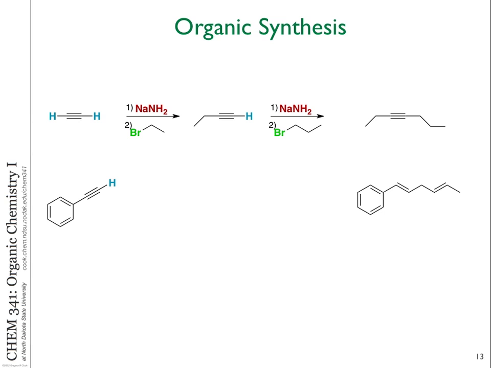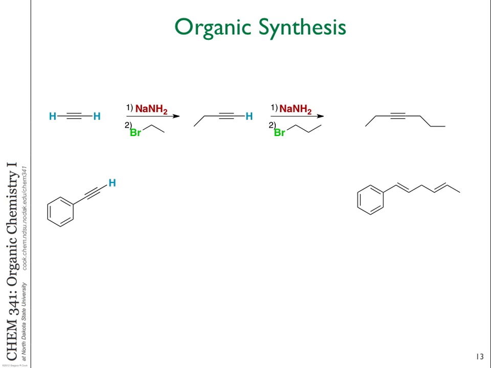Okay, what about that? If I start with phenylacetylene, this alkyne, I want to make that product down there. Okay? So notice, we have this benzene ring and then we have 2 carbons, right? In the product we have a benzene ring, we have 2 carbons here, and now we have 4 additional carbons.